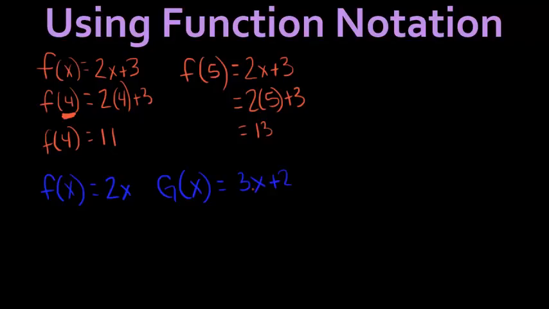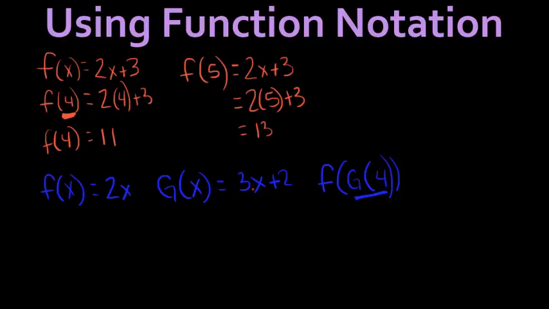We want you to find the f of g of 4. So I like to remember it this way. We start at the innermost and work our way out. So the g of x would be the g of 4. So right here we'll do this one first.